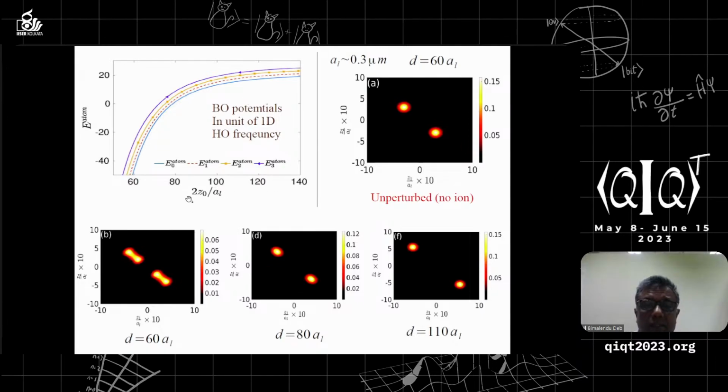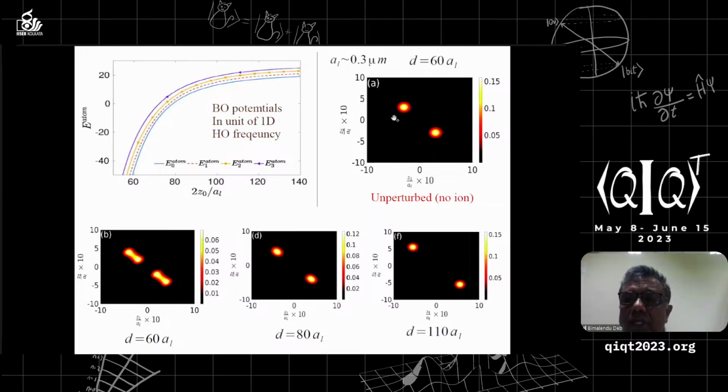In terms of the atomic oscillator length scale, this could be 100, 140. So we still have a significant interaction between the two atoms. Here we are considering only the ion-mediated interaction. We have also taken into consideration the direct interaction, but the direct interaction at this separation is negligible.